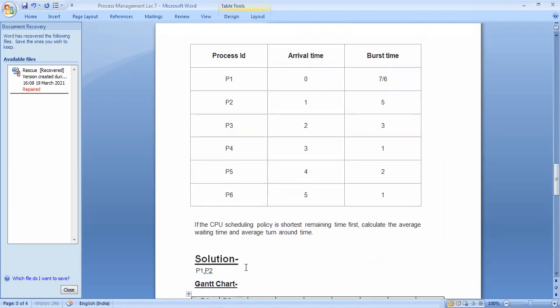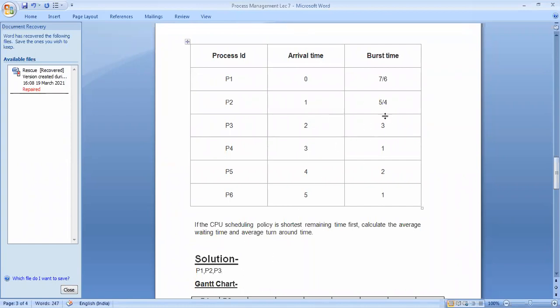So now again we'll check. Now this process burst time is 4. Now when arrival time is 2, within the ready queue P1, P2, P3 processes are already there. Again we'll compare burst time.